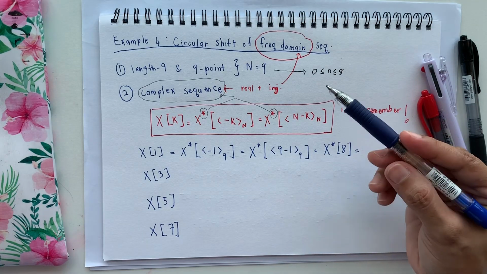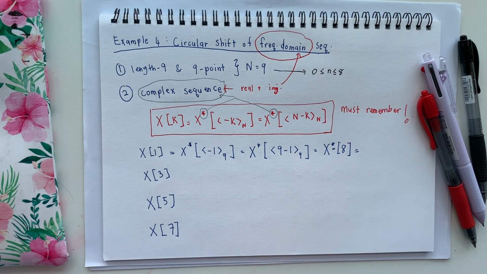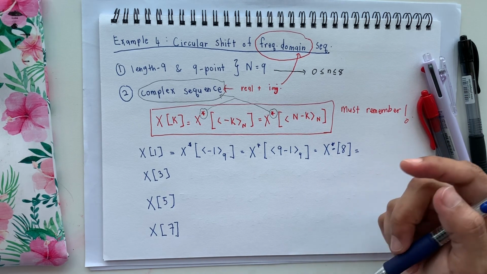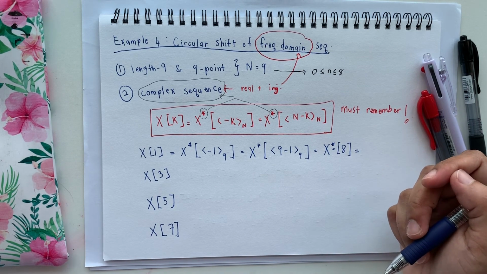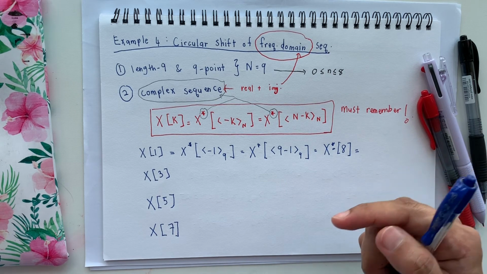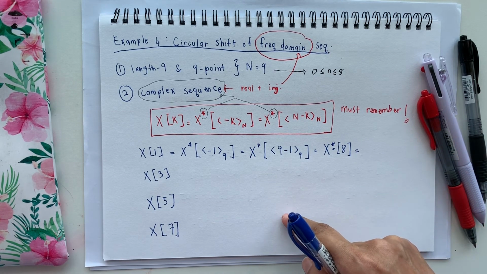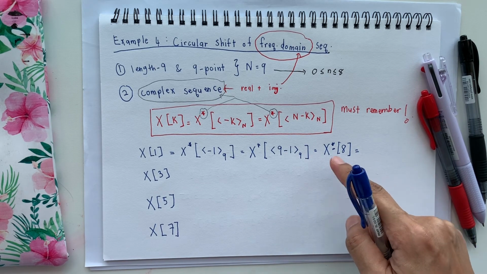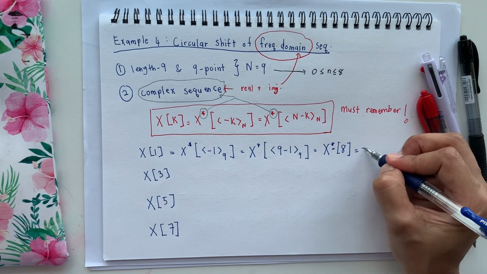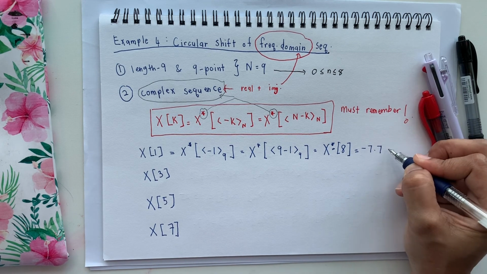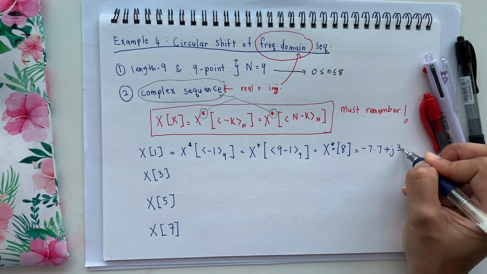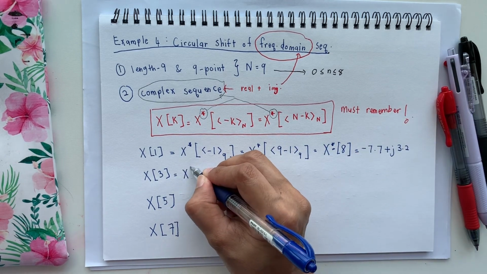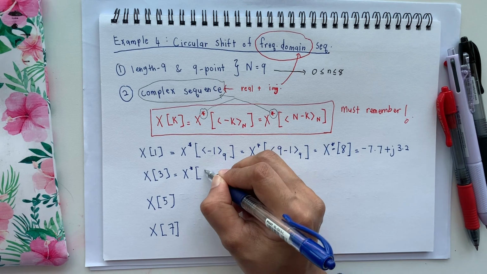Here we have conjugate, so you need to change the sign of the imaginary part. So x conjugate 8 is minus 7.7 plus j 3.2. Same goes for x3 until x7.